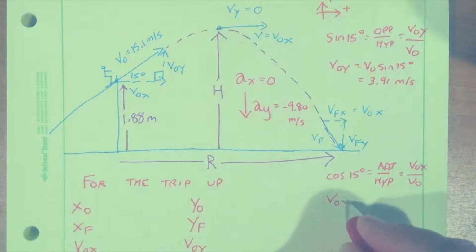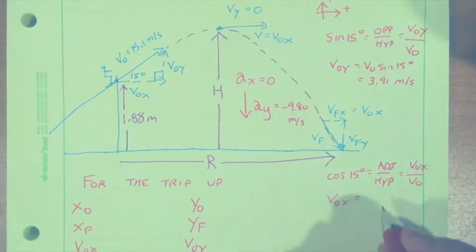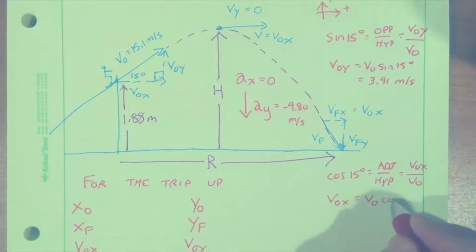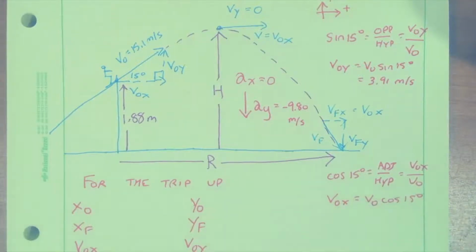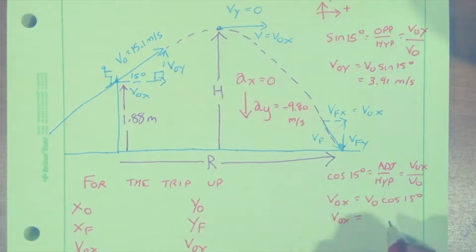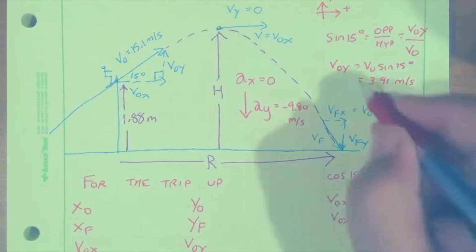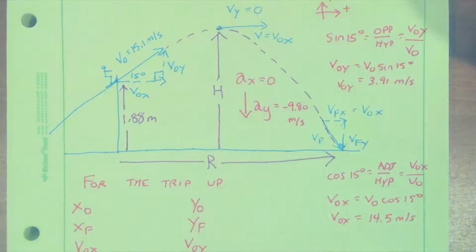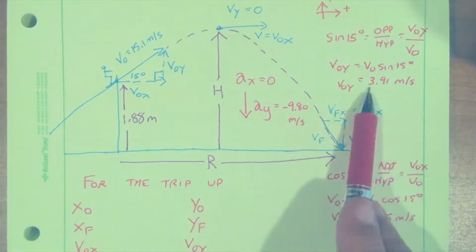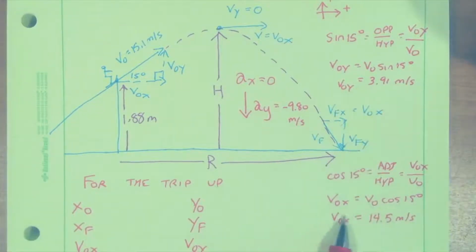So we get a formula for the x component of the initial velocity, v naught cosine 15, and that turns out to be 14.5 meters per second. So we now know what the initial velocity is in the y direction, and we know what the initial velocity is in the x direction.